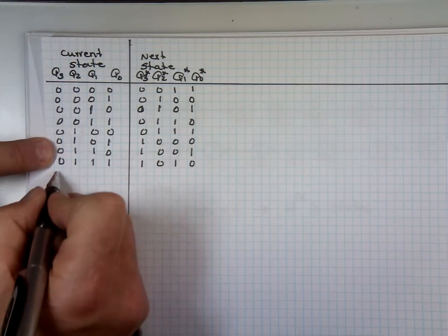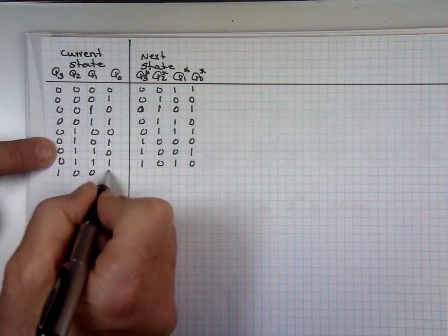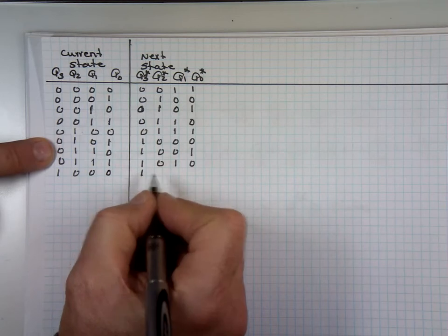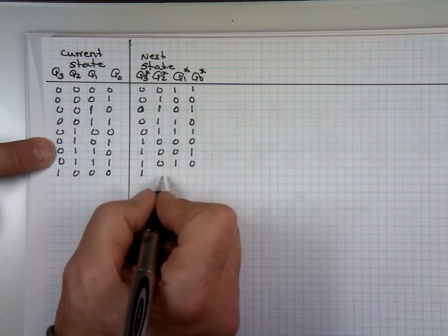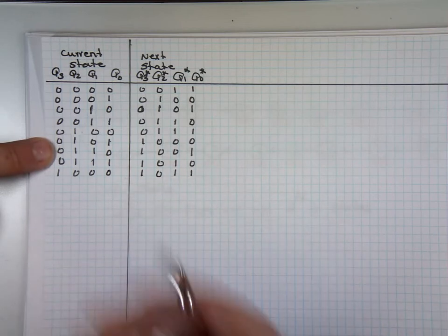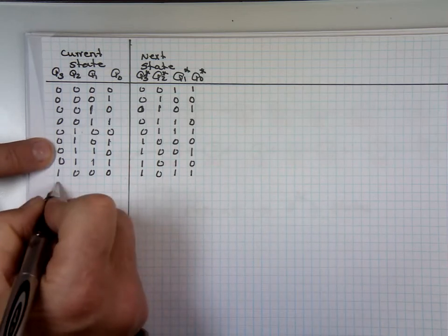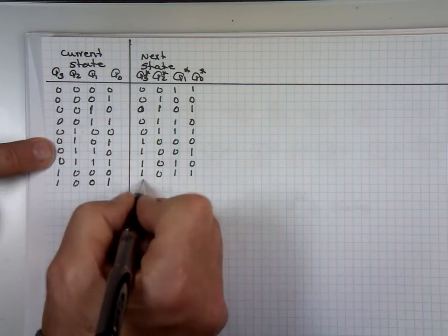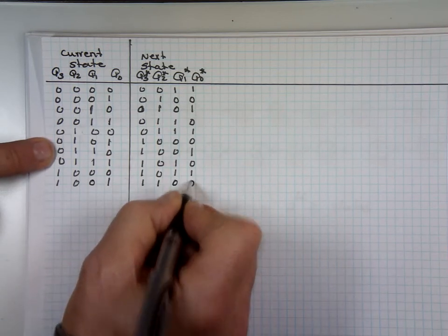State 8, 1, 0, 0, 0. The next one should be what? 8 and 3, 11. 11 is 8, 2 and 1. If you are state 9, the next one should be 1, 1, 0, 0, 12.